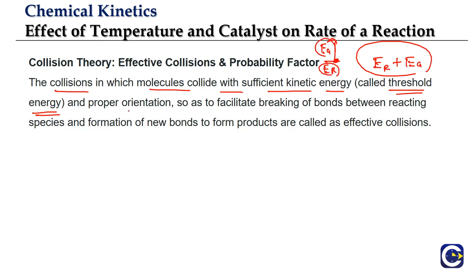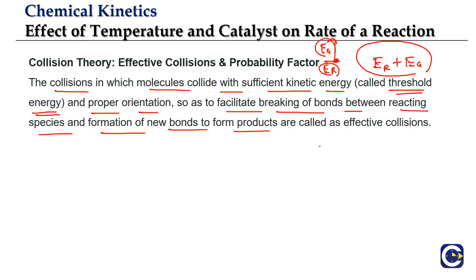So if you look at collisions in which molecules are colliding with sufficient kinetic energy, which we are calling the threshold energy, and proper orientation, then only we will be able to facilitate the breaking of bonds between the reactant species, and that will lead to the formation of new bonds, or the formation of the products.